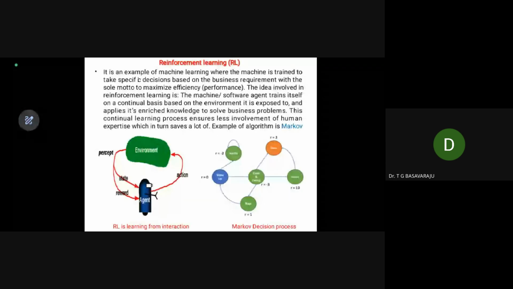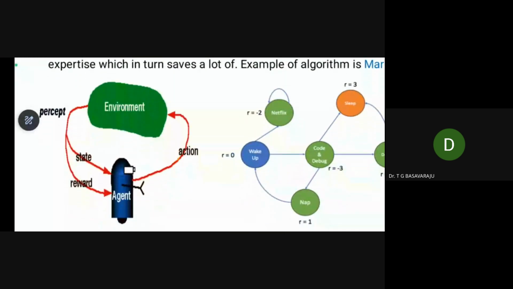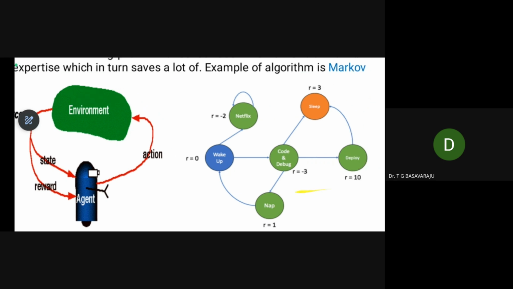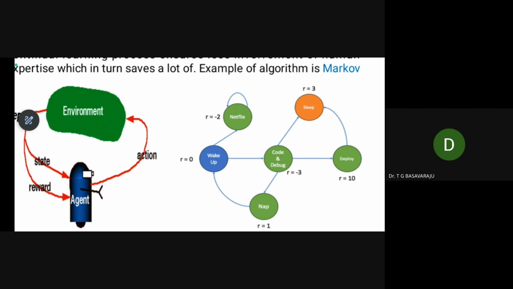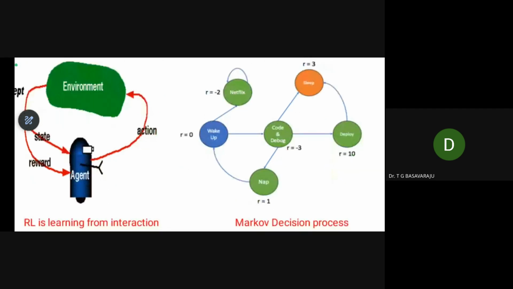In reinforcement learning, this is how it looks. You have the environment, and you have to perceive from the environment which state the particular agent is in, and if he wants the reward, he will have to do some action. One example here is the Markov decision process, as shown here, wherein there are different states.